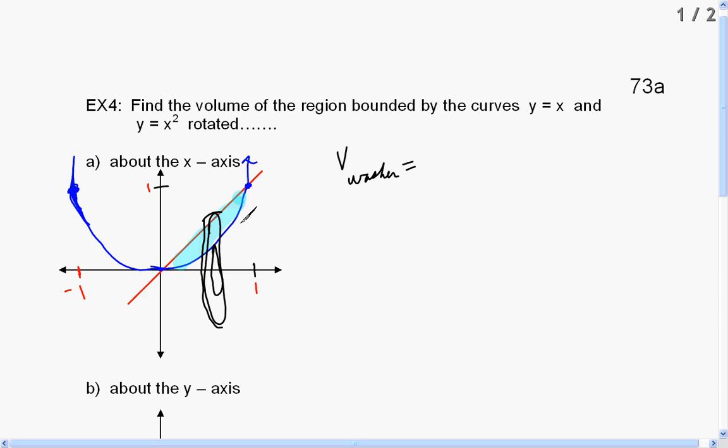It's going to be the total volume without the hole. So we say the volume total, then minus the part I don't have, and that's the volume of the hole.